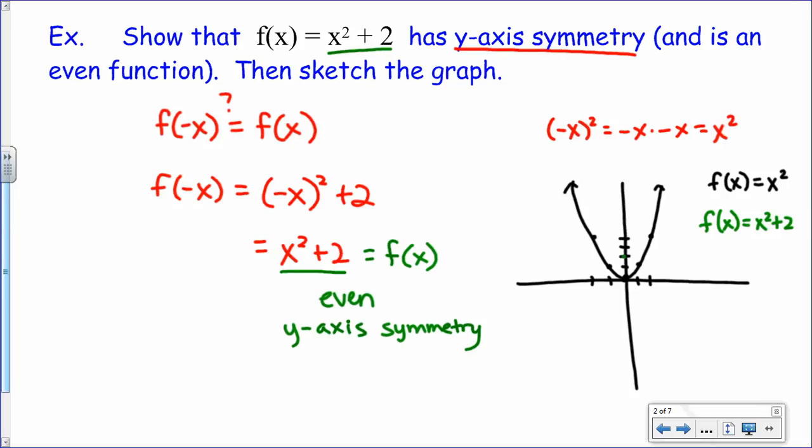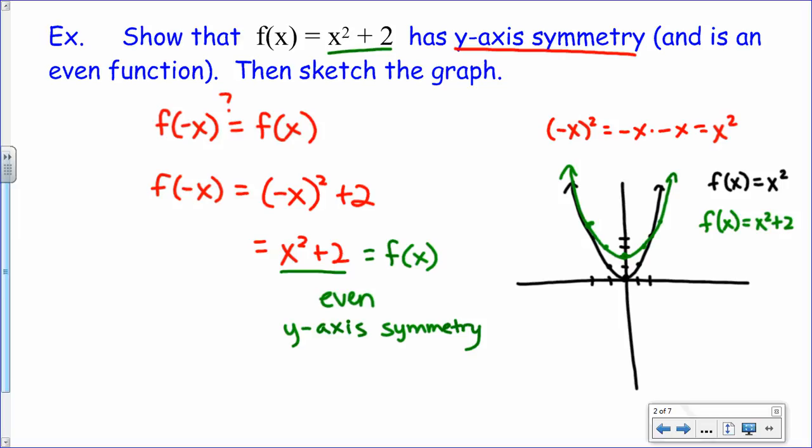So if I start my vertex here, moving up 2, I'm still going over 1, up 1, left 1, up 1, over 2, up 4, left 2, up 4, and so on. You always go back to your vertex when you do that.